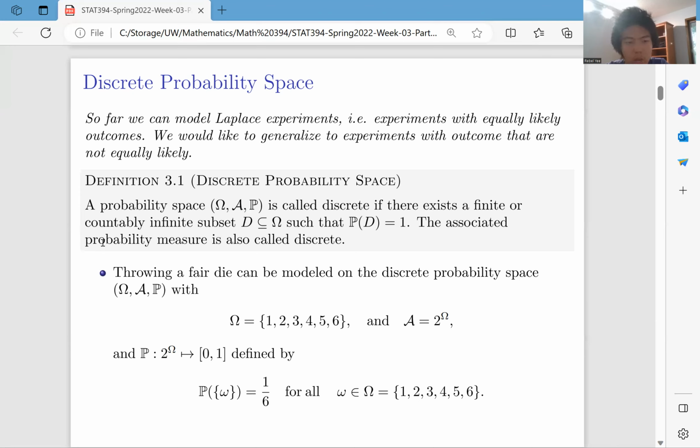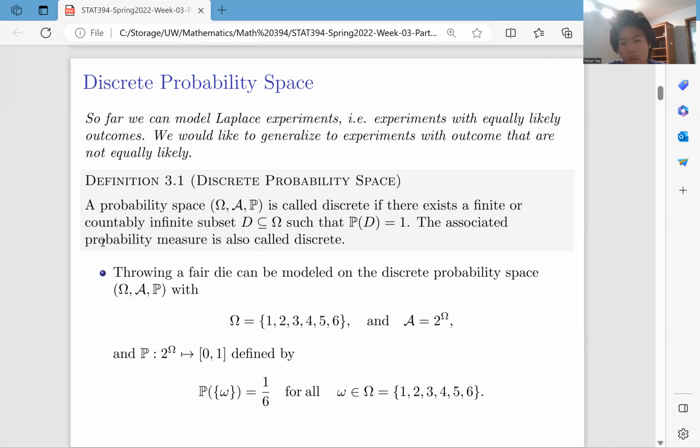The associated probability measure is called discrete. So here you can treat D the same as the sample space, omega, because the probability of D is equal to 1 and the probability of the sample space is also equal to 1. So it's just a different notation for the sample space. D and omega are the same thing.